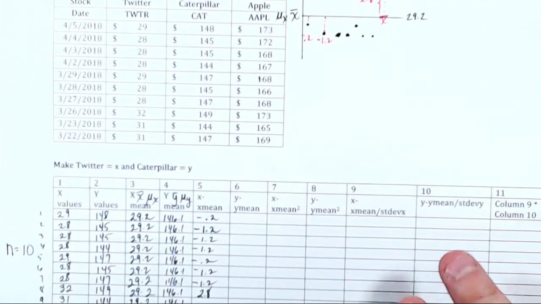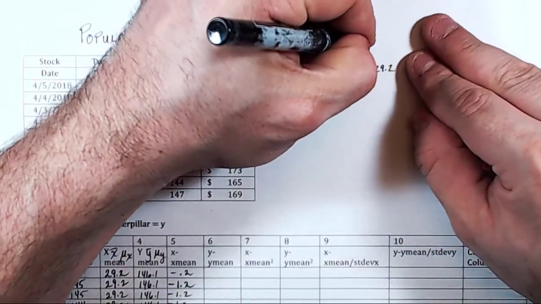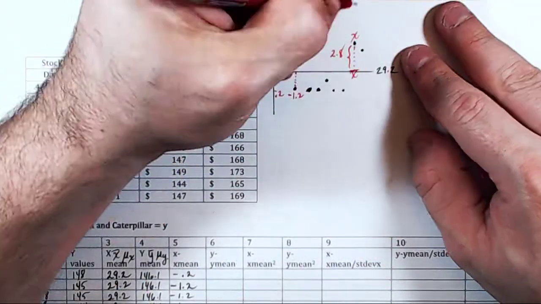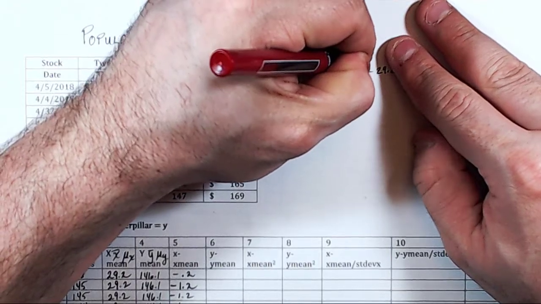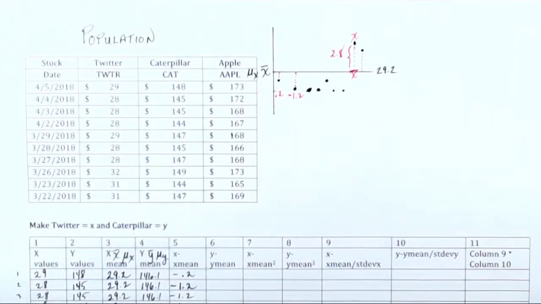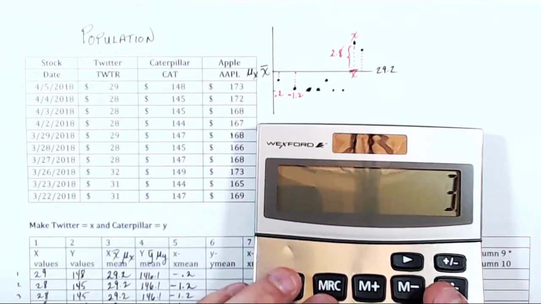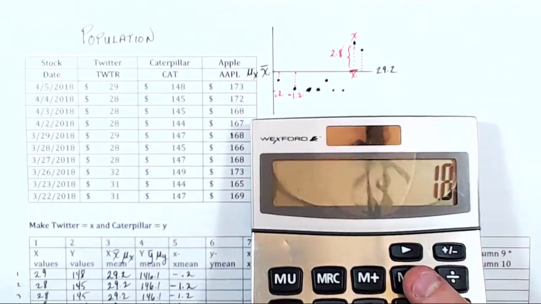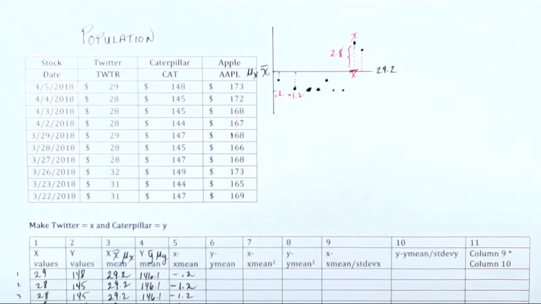Then I've got 31. My next value is 31. What is that vertical distance to the mean? You can calculate it easily: 31 minus 29.2 is positive 1.8.